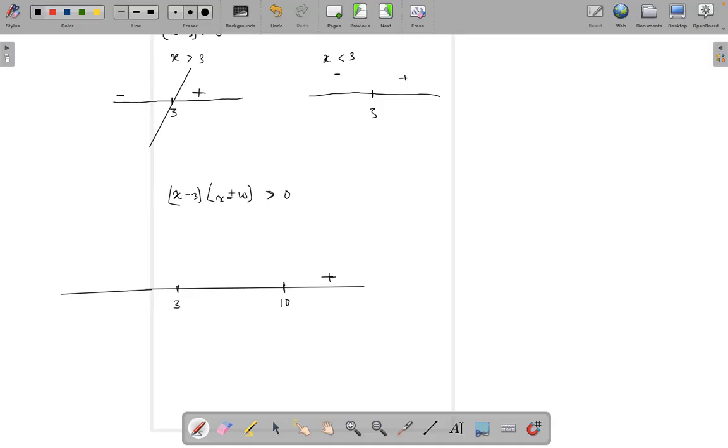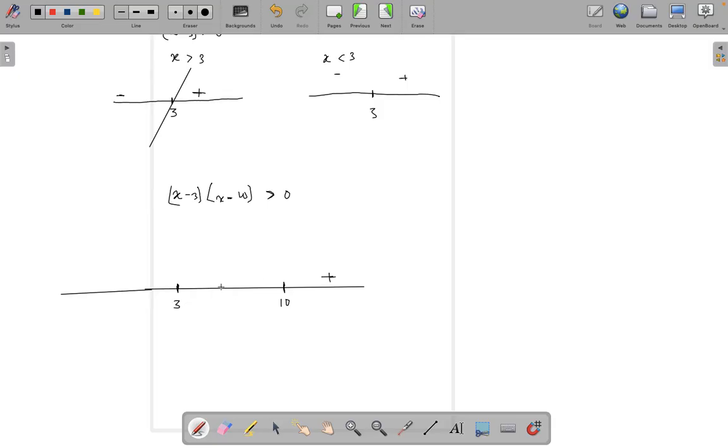So negative times positive is negative. There are possible values as well. For example, I looked at one value. Now you have another value, say 0. At 0 this is negative, this is also negative, so it will become positive. That is why you have to find a point only till which it is negative. That is why you have to mark this as well. I mean all zeros, not only this.